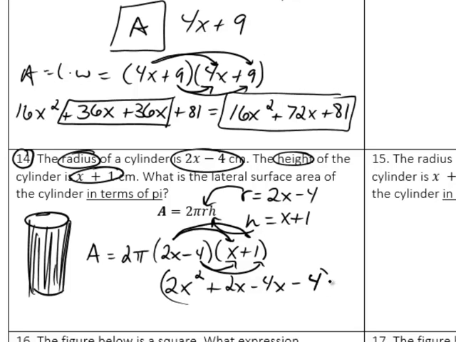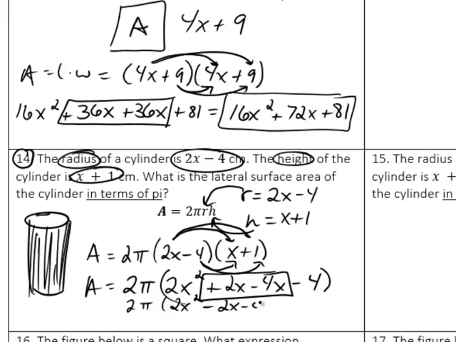So that there, put in parentheses because now we need to bring down your 2 pi. That's still there. So area now equals 2 pi times 2x squared plus 2x minus 4x minus 4. Now all we do is combine your like terms, which will be 2 pi times 2x squared, 2x minus 4x is going to be negative 2x, minus 4.